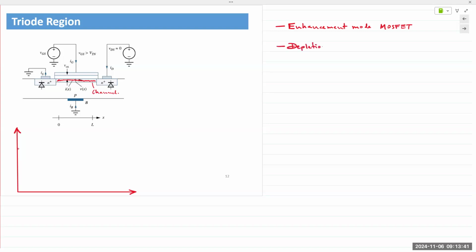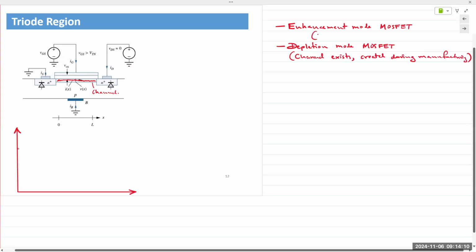So those are known as depletion mode MOSFETs, where the channel already exists. It is created during the manufacturing process. Here, applied voltage creates the channel.